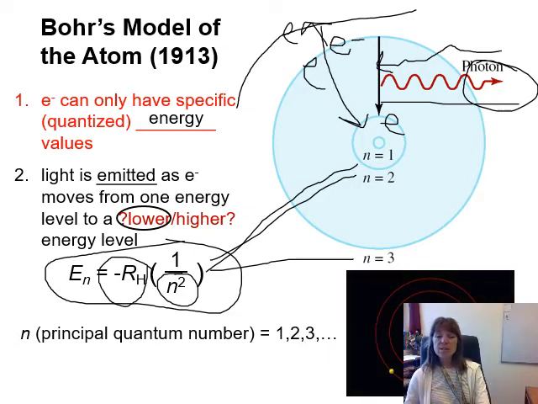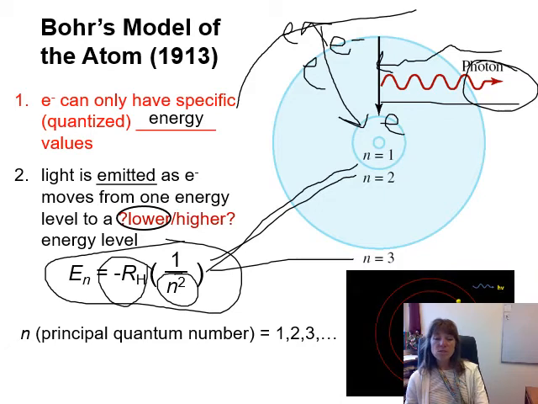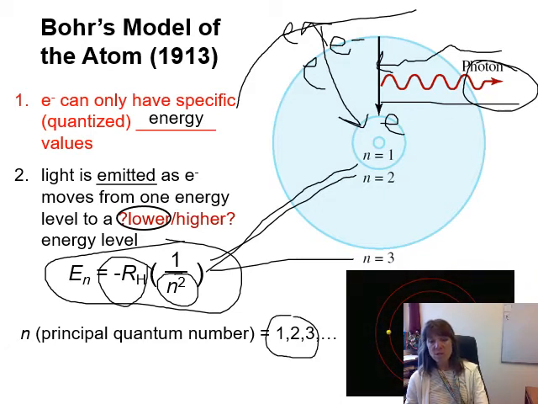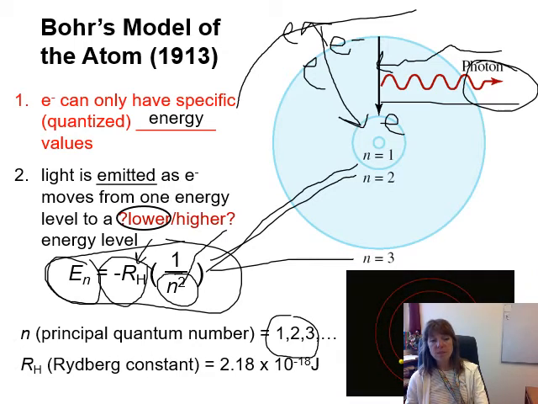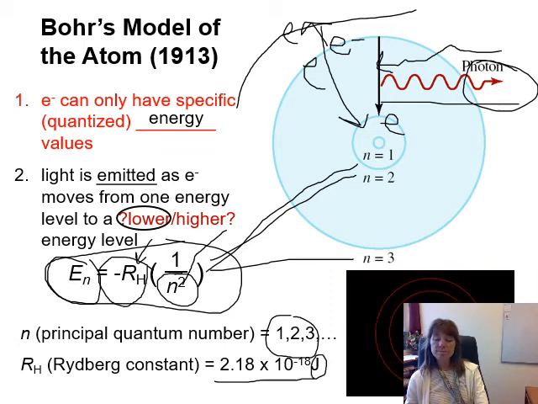And so Bohr was already working with that in his toolbox, and he said, oh, I think these are related. And so this principal quantum number is illustrating where those electrons are in the atom. So the energy of that electron has to do with this Rydberg constant and where the electron is. There it is, the Rydberg constant. And notice it's in joules, and it's a really small number.